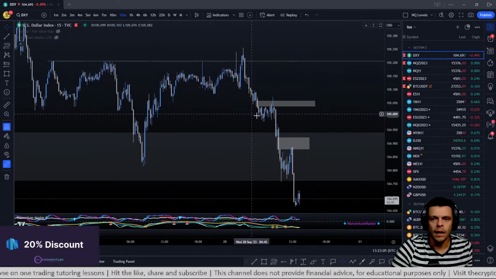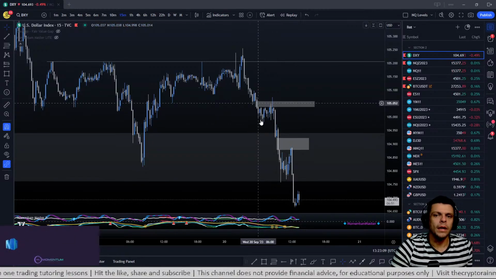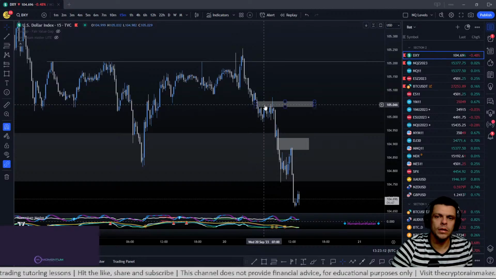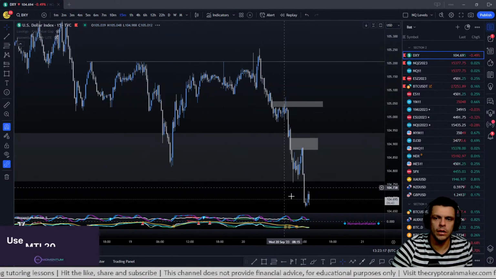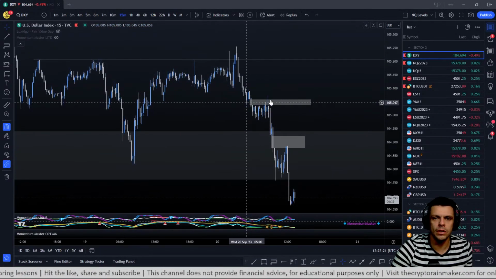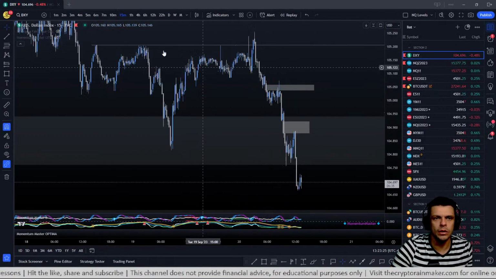And the algorithm is kind of, as I understand it, coded to reprice these imbalances and then continue to its target, which will be the sell side liquidity. So that's why we take advantage of these little retraces into the imbalances and then ride it towards the opposing liquidity.